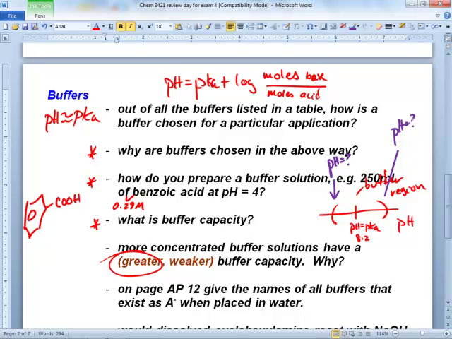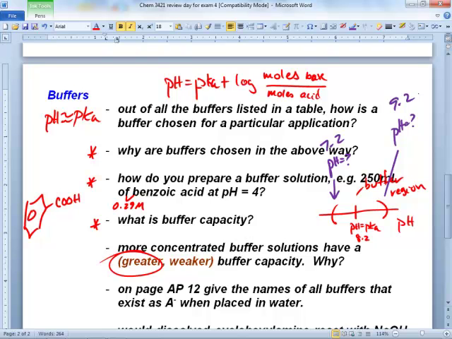Okay. 7.2 and 9.2. Good. That's the buffer region idea. You're in the buffer region as long as it's plus or minus 1, like 7.2 to 9.2. So that's what they're trying to say: this buffer is good enough to buffer something if you want to be between 7.2 and 9.2.